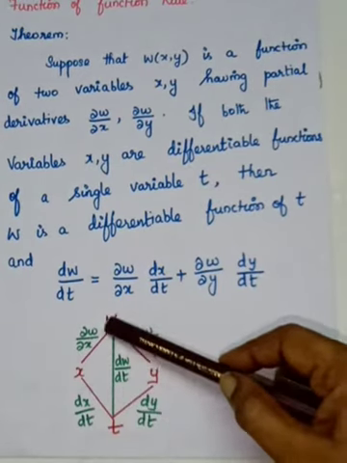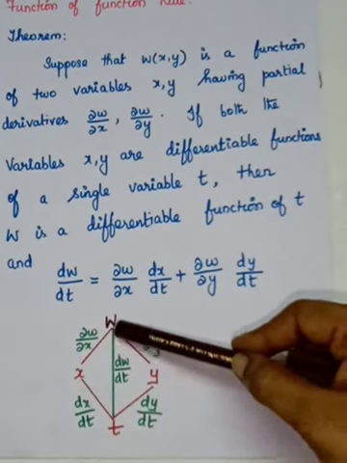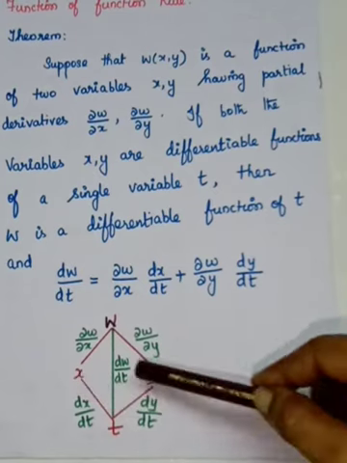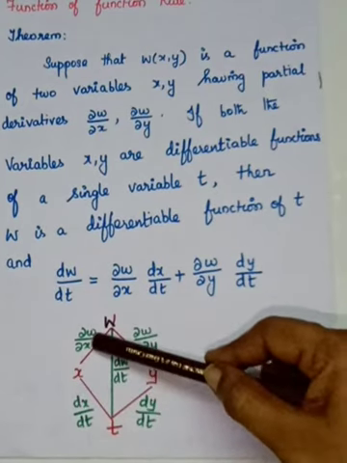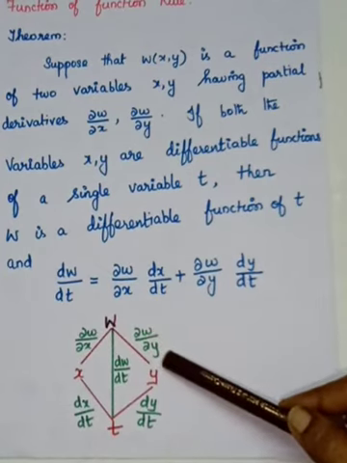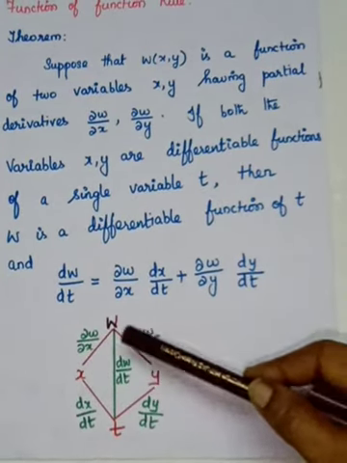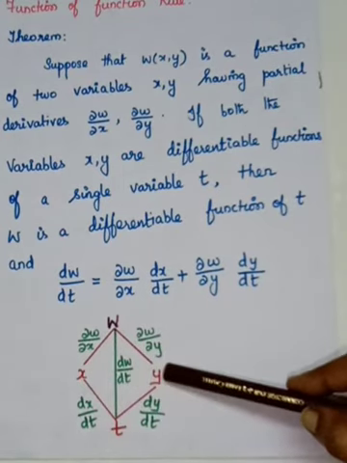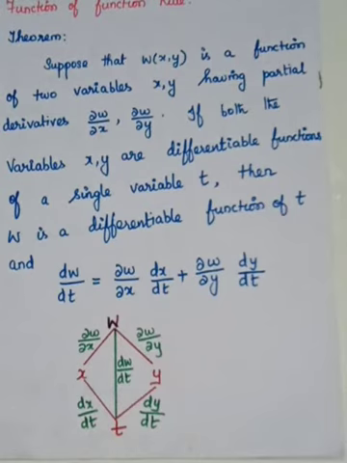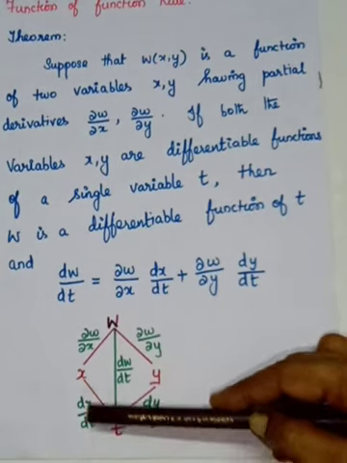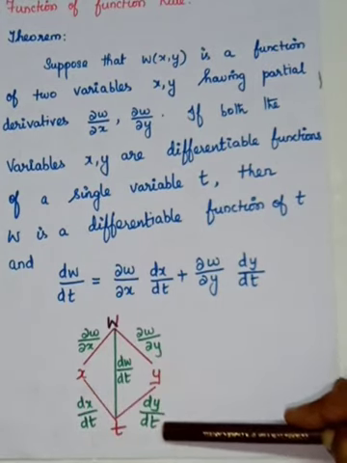You see that, here you can move along this path or this path. So first, w is a function of two variables, so we can differentiate w with respect to x as well as with respect to y. So here we have to use partial differentiation. And your x and y are functions of a single variable t, so here we have to go for ordinary differentiation, dx by dt, here dy by dt.